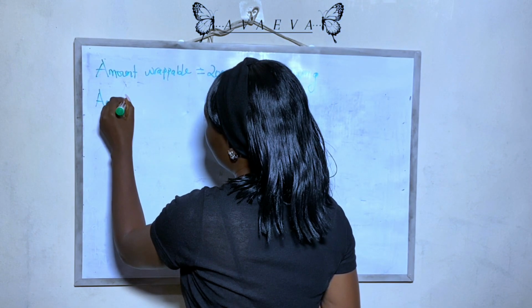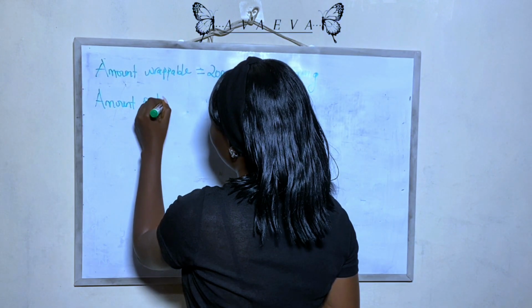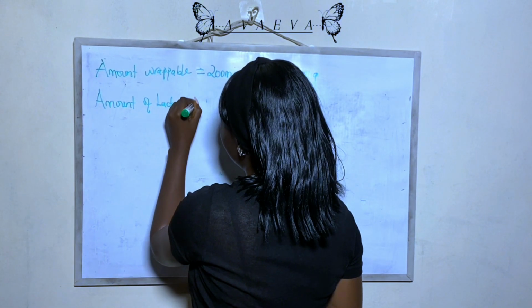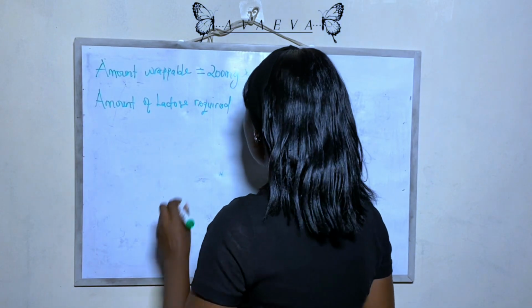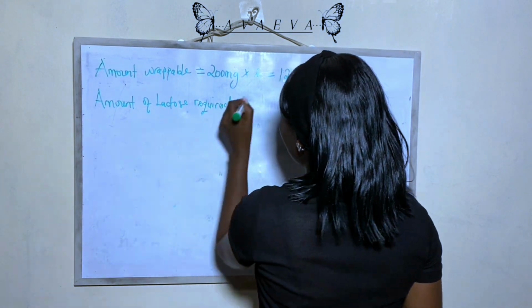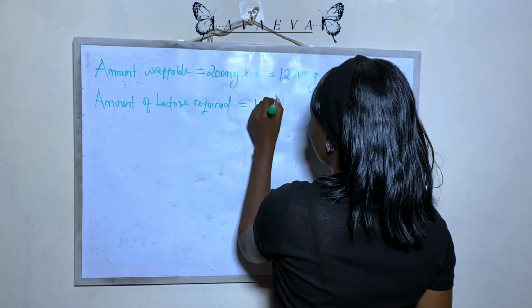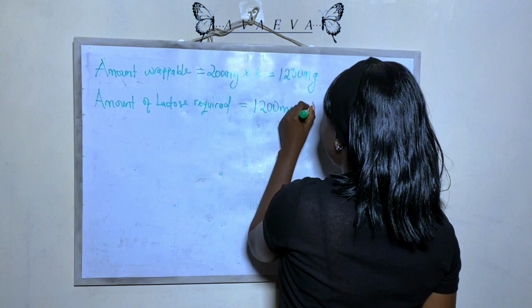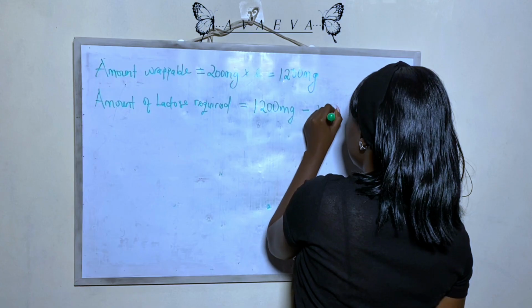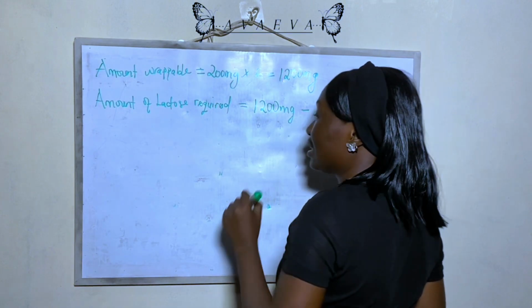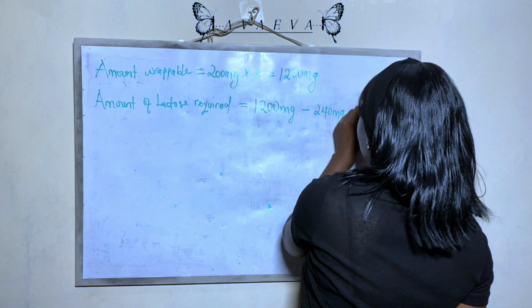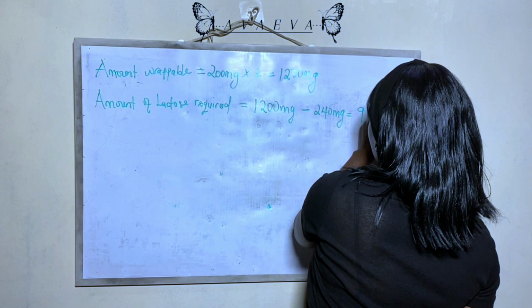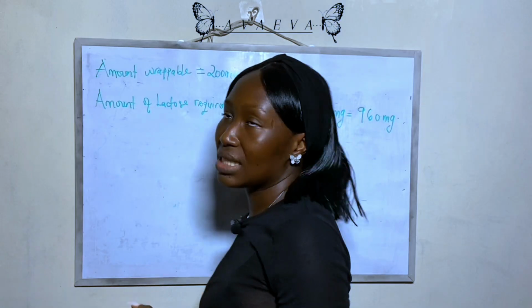The amount of lactose required in this formulation will be 1200 milligrams minus 240 milligrams, which is what you had initially obtained from the titration you did. Now your final answer will be 960 milligrams.